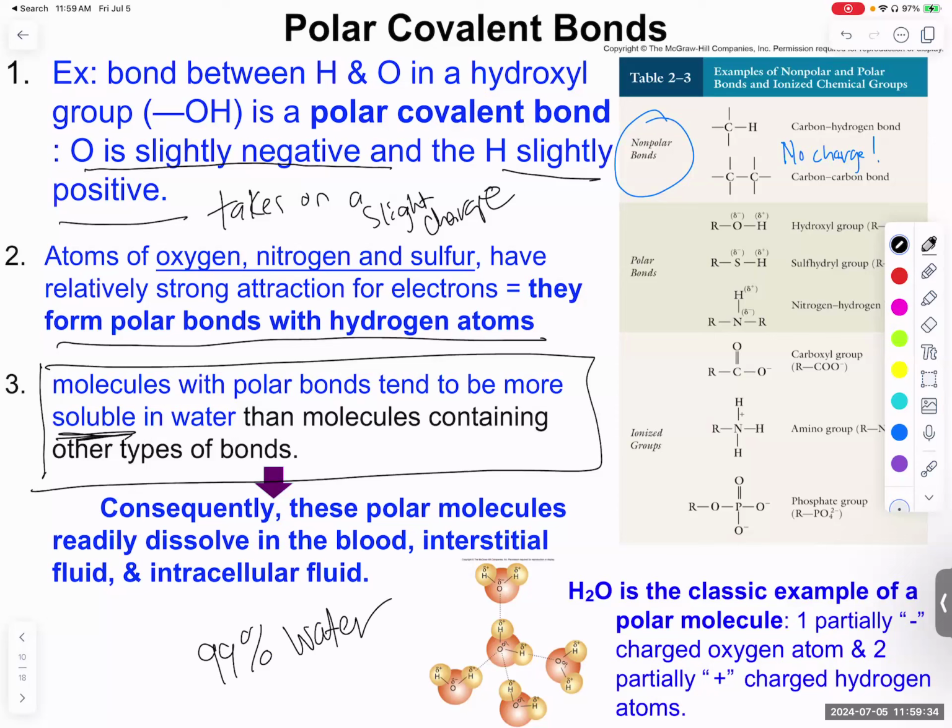And so we need molecules physiologically in our body to get along with water because our body's mostly water. And so most molecules in our body are going to be polar molecules, especially those that are in fluid. So any molecules cruising around your blood, interstitial fluid, intracellular fluid are going to be polar molecules because they're going to be able to get along with polar water.